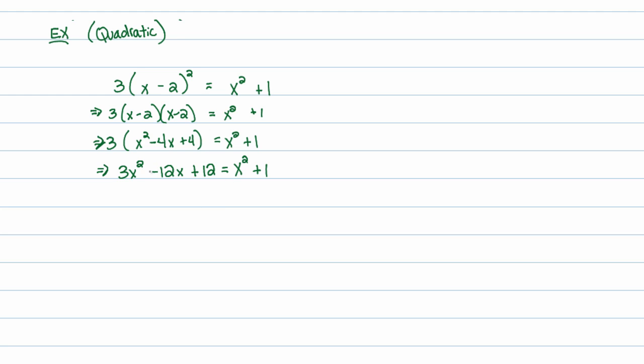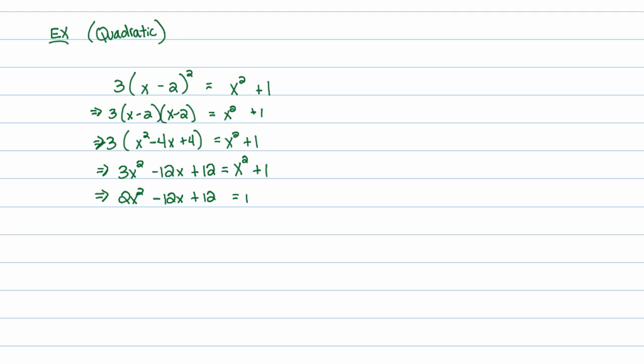And now that I've distributed through, I'm going to see if I can combine like terms on the left-hand side, and no, I cannot. I'll see if I can combine like terms on the right-hand side. No, I cannot. But I have versions of variables on both sides, so I have to move them all to one side here. Subtract x squared from each side, and I get this. 2x squared minus 12x plus 12 is equal to 1.